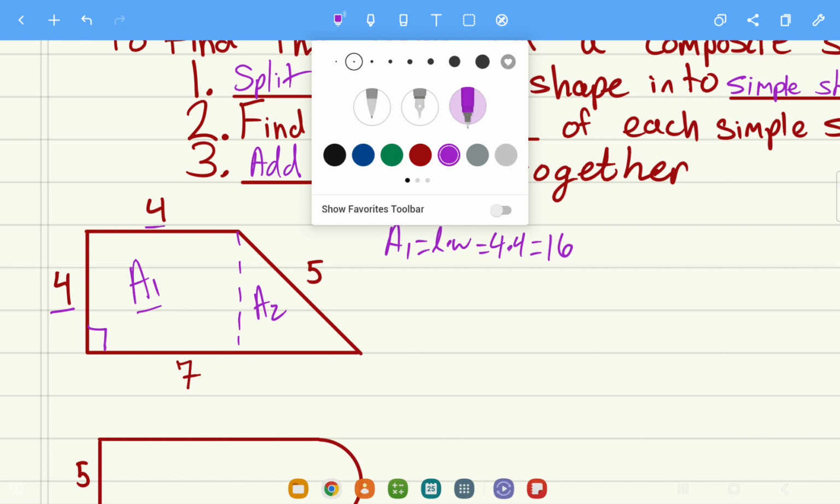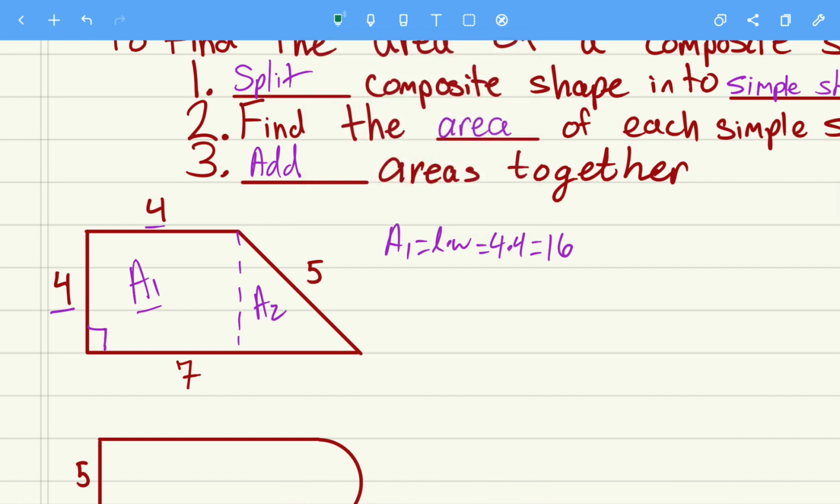Now area 2, let me use a different color. Let's use green. We might have to do a little more work. This full side is 7 units across. But this little side up here, which is also here, is only 4 units across.